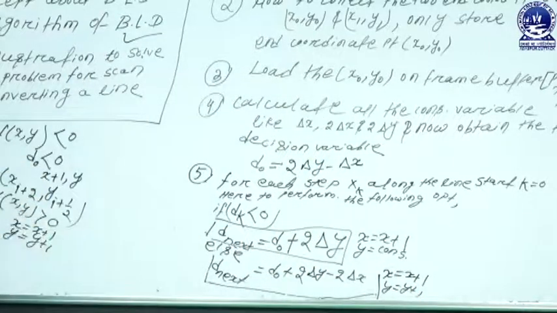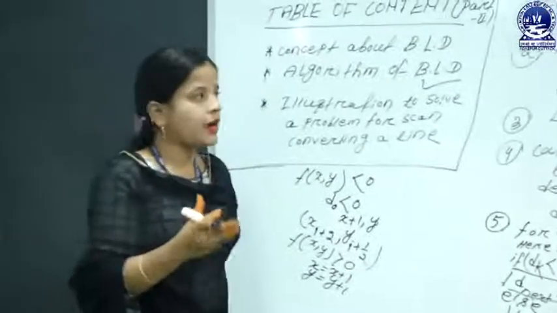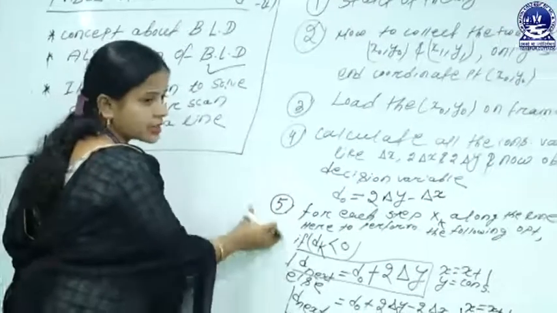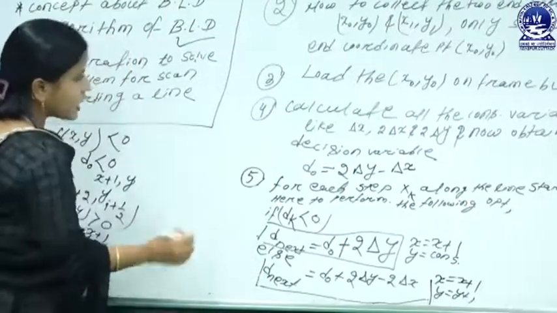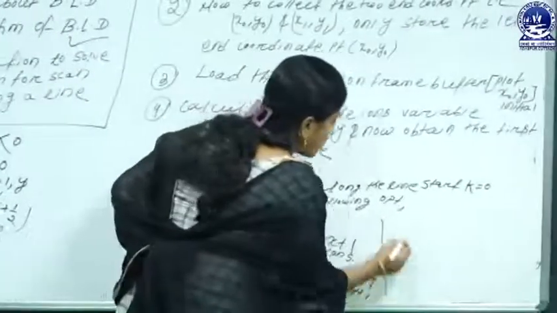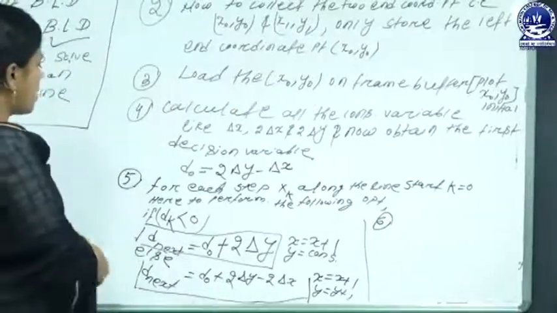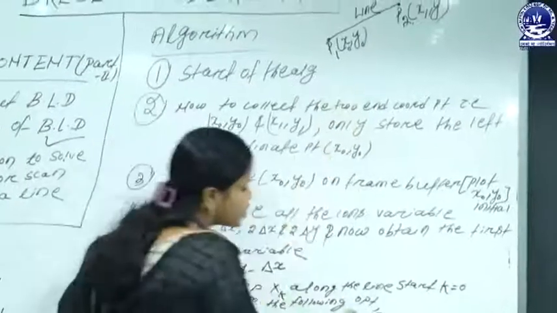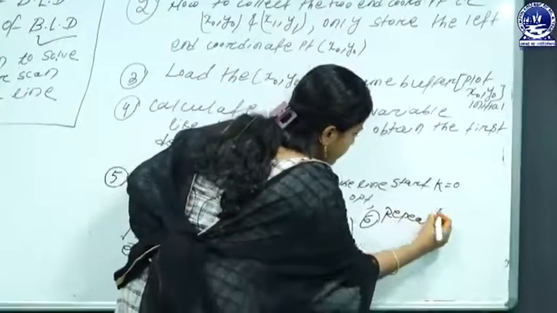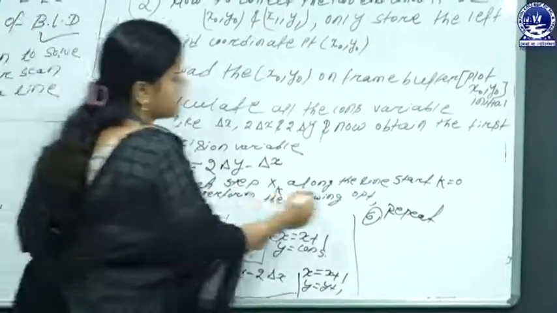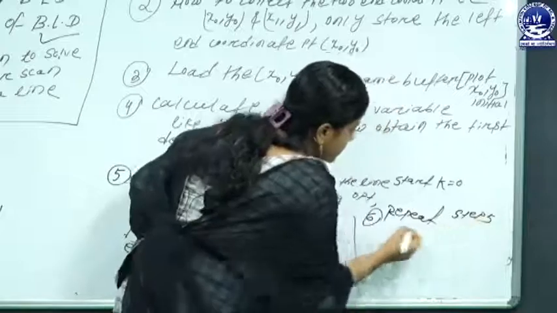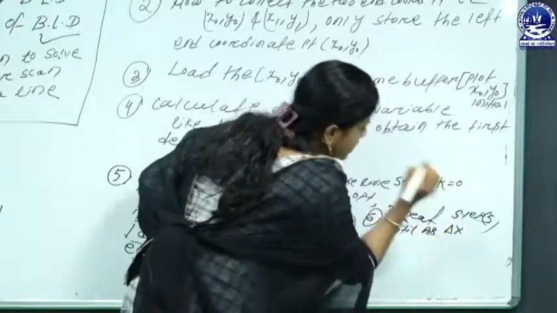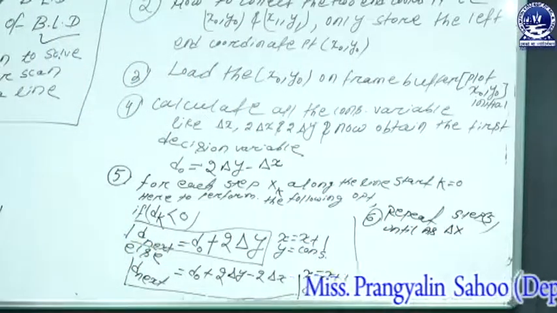This is executed over the coordinate points until the line length is reached. So to execute this repeatedly, we rewrite the last algorithm step: repeat step 5 until delta x times.